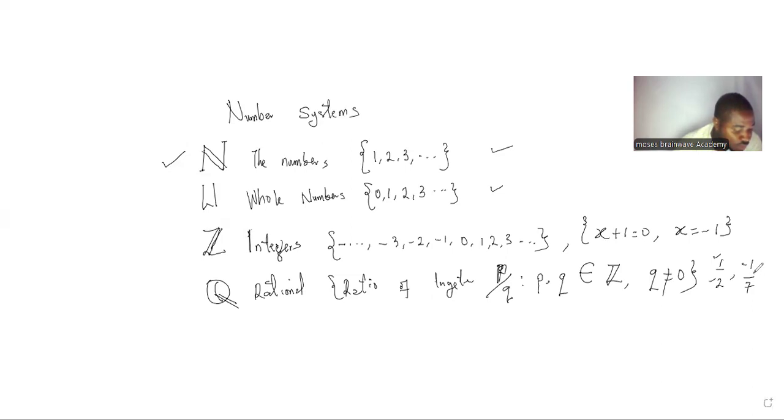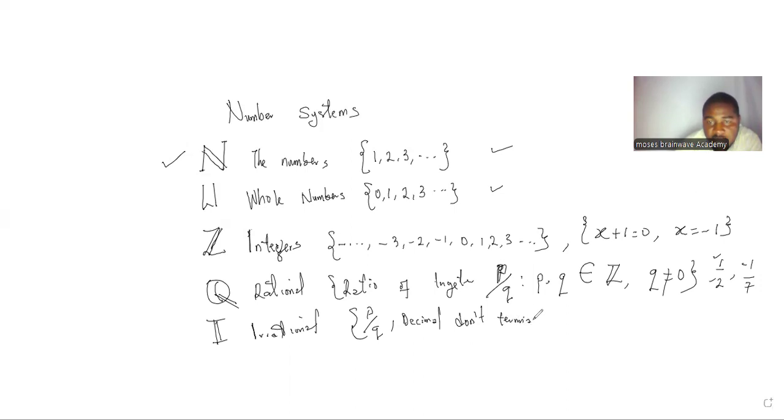Now, we also have the set of irrational numbers. These numbers are not expressible in the form P upon Q, and their decimals do not terminate and are not repeating.